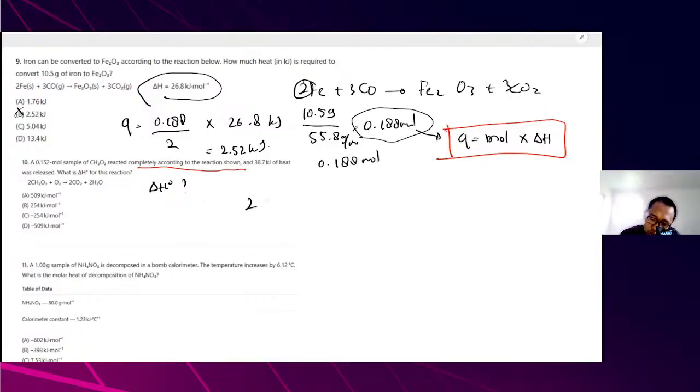Now we take a look at the balanced equation again: CH2O2 plus O2 becoming CO2 plus 2H2O. We need to look at one by one. CH2O2 is 0.152 mole, and heat is released. So what is ΔH for this reaction?